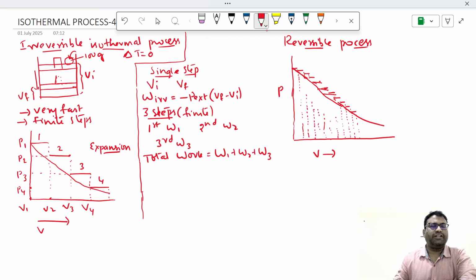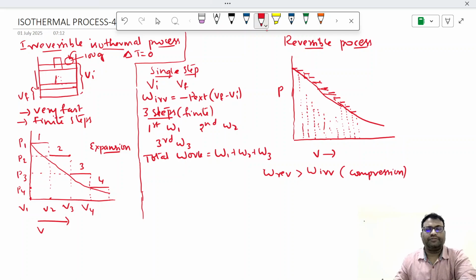But when you compare these two, work done during reversible process will be greater than work done during irreversible process. Work done in reversible process will be maximum, and this is applicable for expansion.